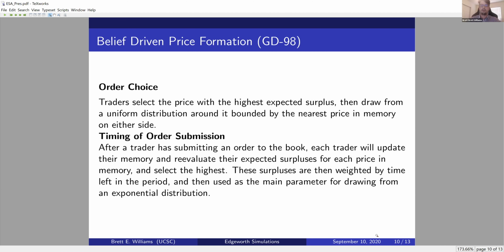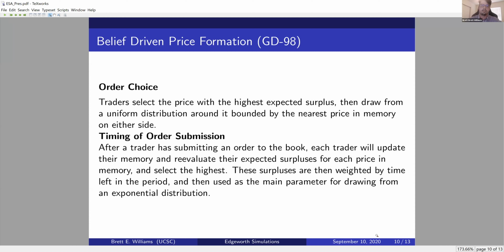They'll draw from a uniform distribution around this price, bounded by the nearest prices on either side. The other important part of this model by Gjerstad and Dickhaut is the timing of submission. After every price is submitted or transacted, they update their memory and reevaluate all of their expected surpluses.